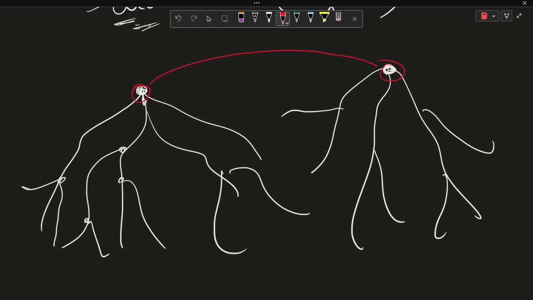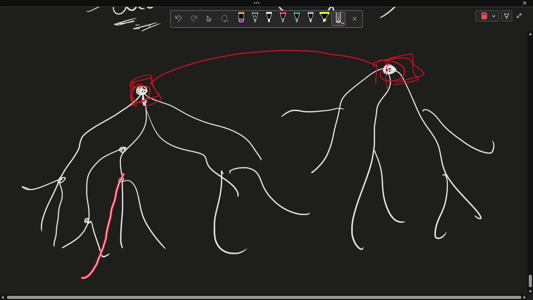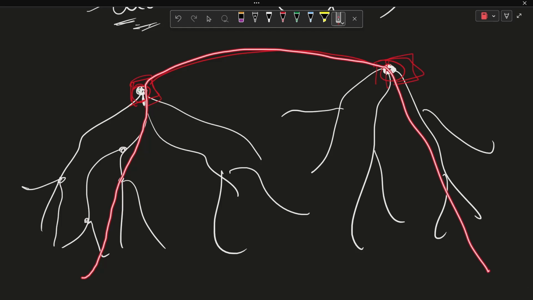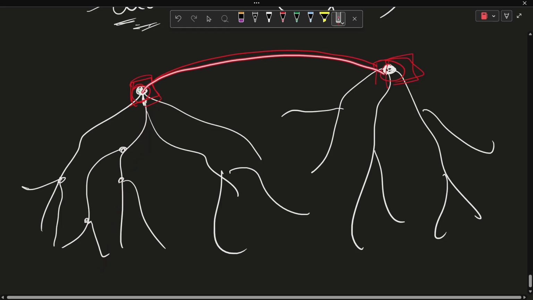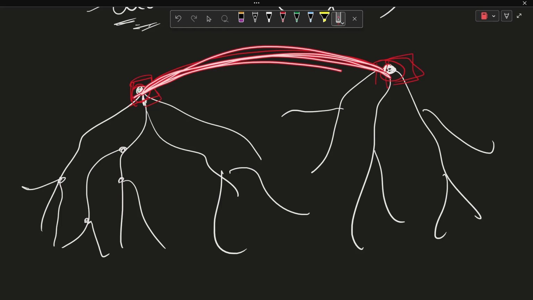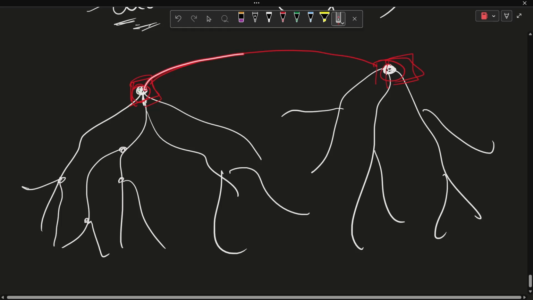So just imagine the first tree with this as the root and the second tree with this as the root. What would your maximum path including both trees be? You would come from somewhere in the depth of this tree, go to here, and then go to somewhere in the depth of the other tree. The only way to connect these two trees is this edge, so any path passing through both trees would definitely have this edge.